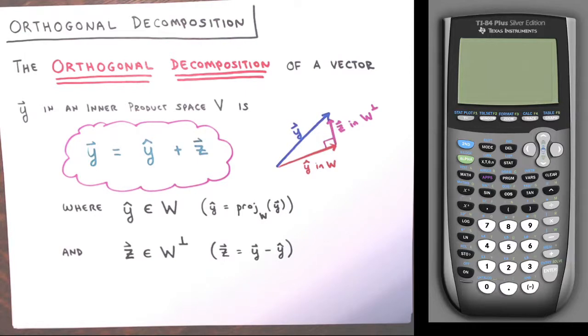Okay. So now for some examples, and again I'm only doing examples in R2 and R3 using the dot product as the inner product. Just please know that you might come across other examples where the vector spaces might be non-Euclidean, and the inner product might not be the dot product. You just got to pay attention.